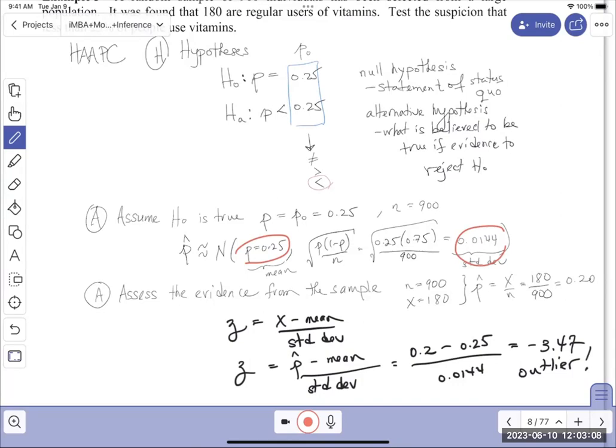So we're going to end up throwing out the assumption. We're going to reject the assumption, and we're going to make a statement that we have evidence that the alternative may be true. We have evidence, at least in the sample, that it's less than 25%. It's actually 20% for this sample. But because there's variation from sample to sample, we can't say it is 20%. We're going to say there's evidence that it's less than 25.